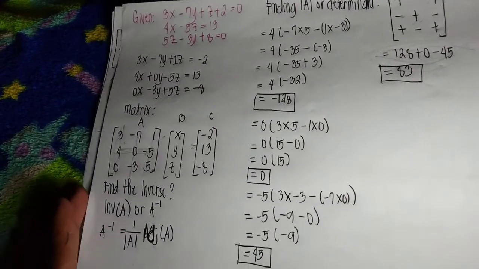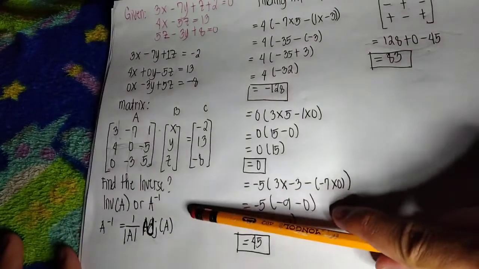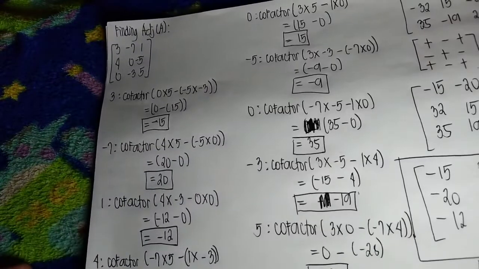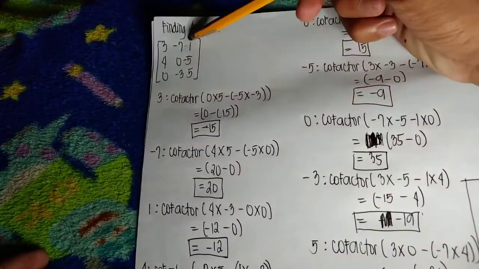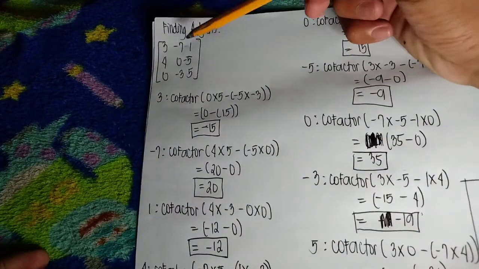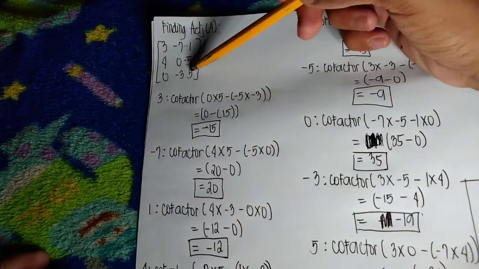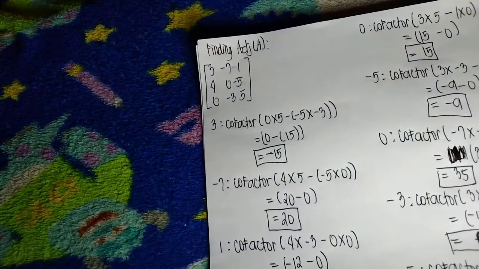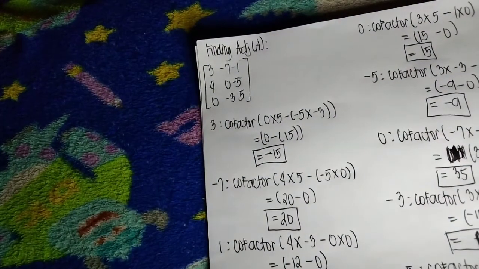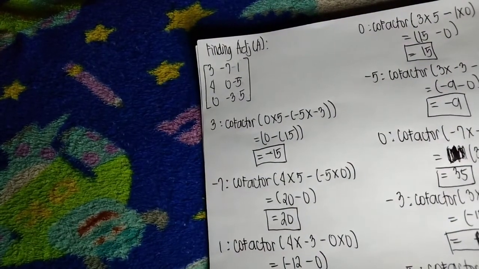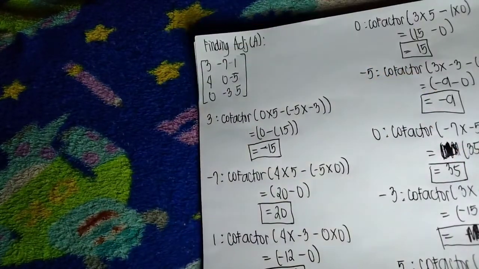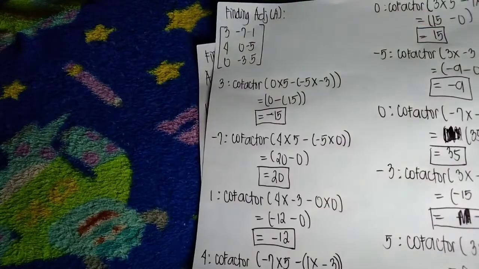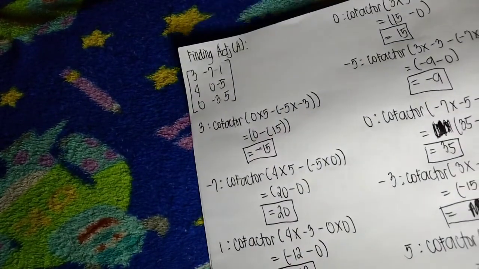Okay, next is ang adjoint na naman ang kukunin natin. So next page. In finding the adjoint, ito yung matrix natin, di ba? 3, negative 7, negative 1, 4, 0, negative 5, and 0, negative 3, and 5. Sa pagkuha natin, ang kailangan natin gawin is hanapin natin yung mga cofactor niya. Cofactor ng lahat ng numbers sa ating matrix.